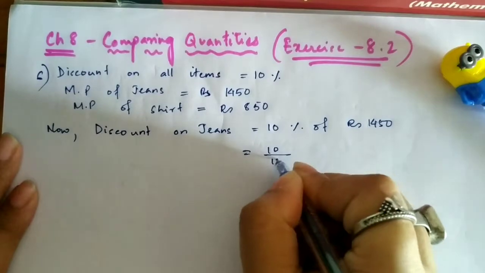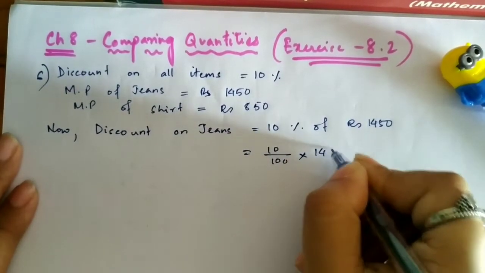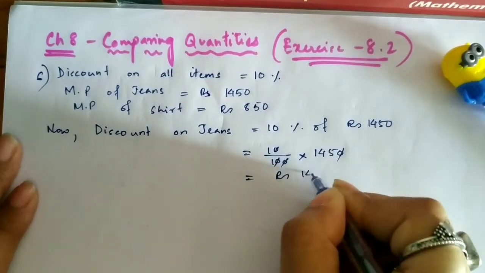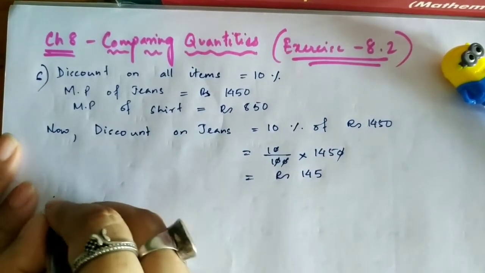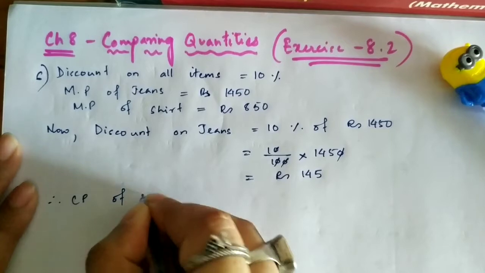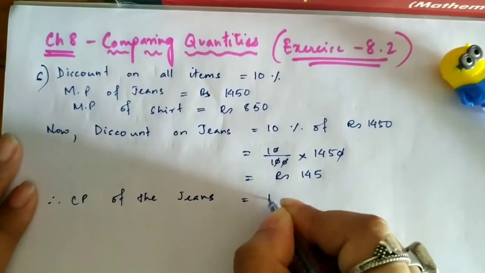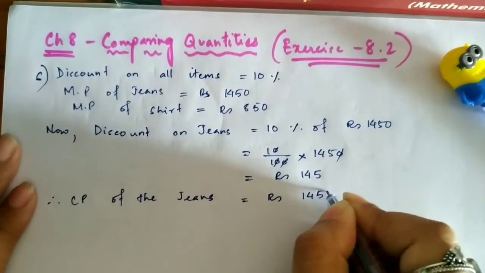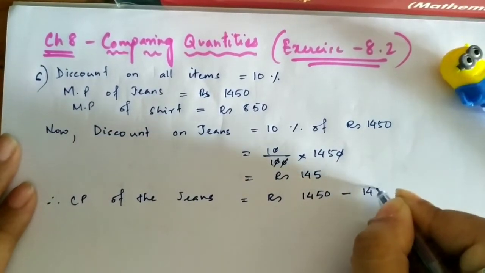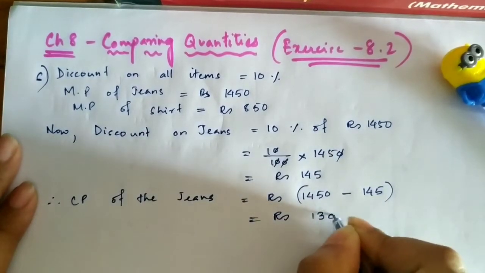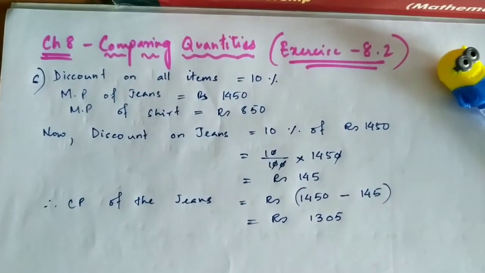So 10 by 100 into 1450, in the calculation it will be rupees 145. Now therefore the cost price of the jeans after the discount is the marked price, that is 1450, minus the discount, that is 145 rupees. So the cost price of the jeans will come to rupees 1305.